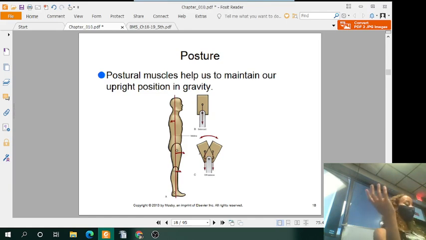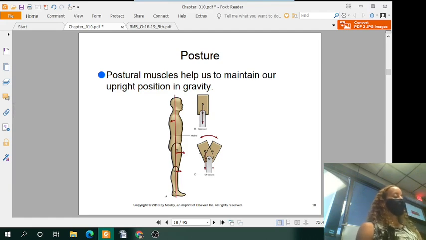This is called a primary curve, and that's because we're inside for a long time as we develop. We cannot stretch out. We're not walking against gravity for a long time. It develops over time, and that's why everything's lax, and as we get older, it starts getting harder to create our adult skeleton.